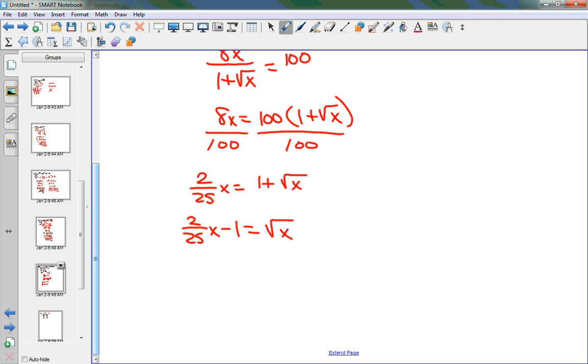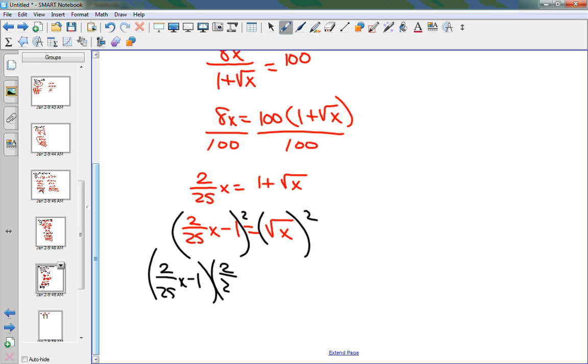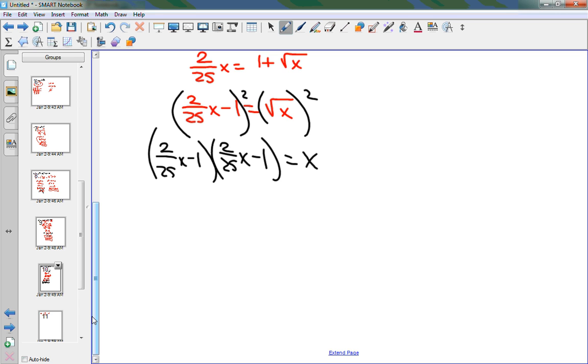How do I get rid of the square root? Square. I need to square not just one side, but both sides. So now I'm going to have 2 over 25 x minus 1 times 2 over 25 x minus 1 is equal to x. And now what am I forced to do?